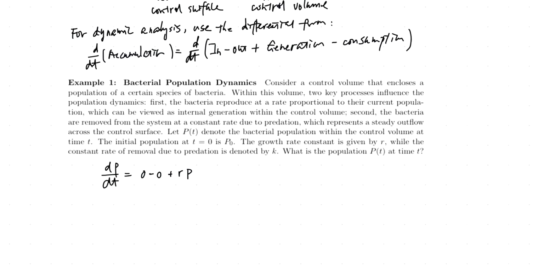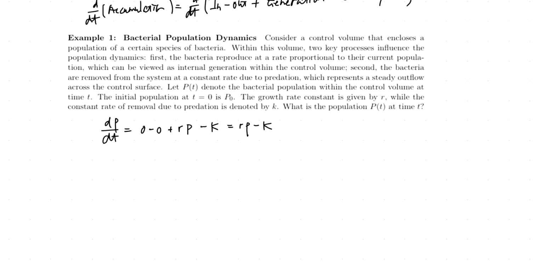And the consumption term, or predation term, is at a constant rate k. So it is just rp minus k. This is our differential equation. And once we solve this, we will get p as a function of time.